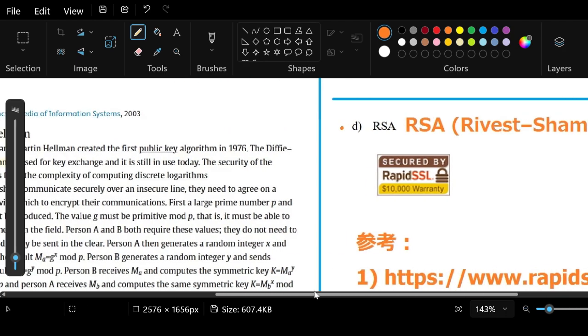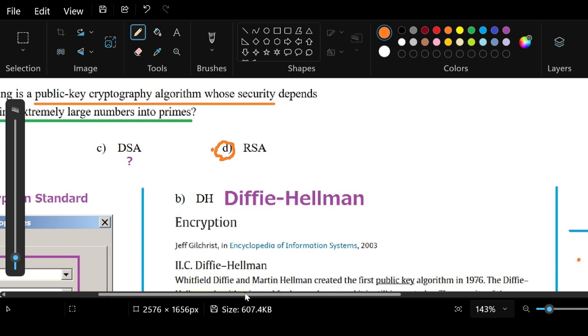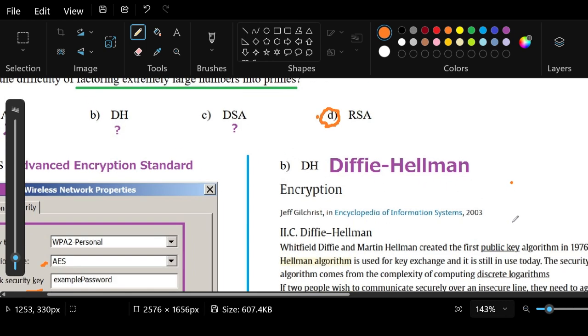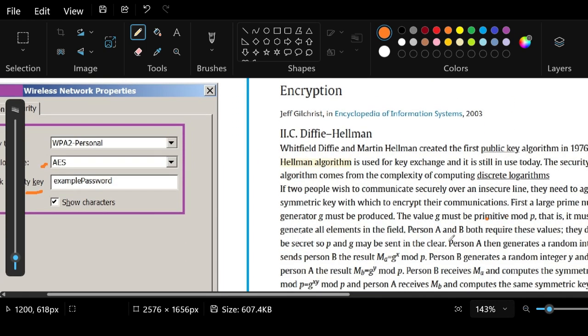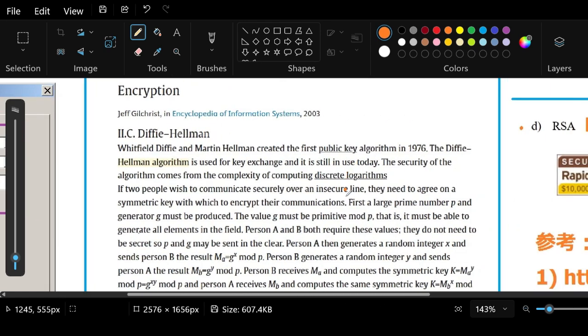Now, if we are going to look at the other choices, DSA and DH. DH means Diffie-Hellman. It's an encryption algorithm as well, and it uses a public key. And it looks like this could be an answer too.